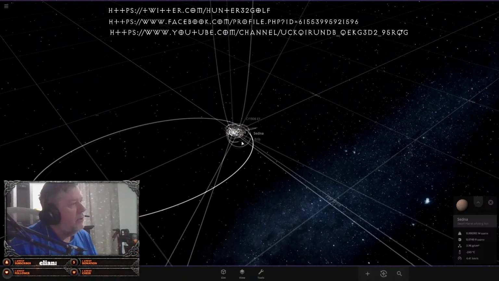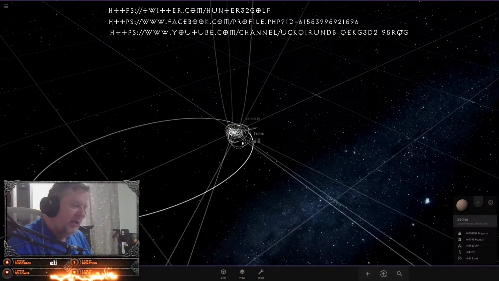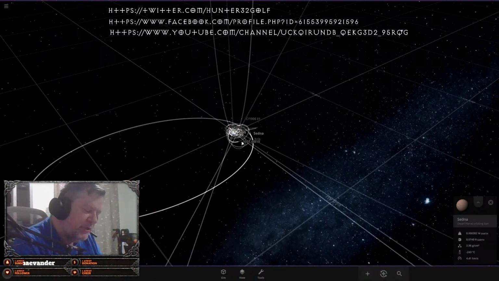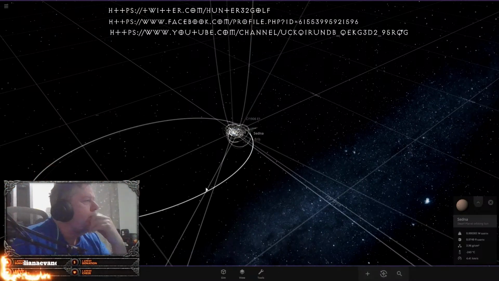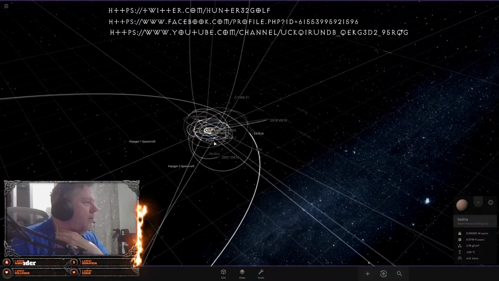And that's what these are. But Sedna is technically a dwarf planet because it's big enough that it's reached hydrostatic equilibrium and it's round. It is the furthest orbiting object that we have identified and named.